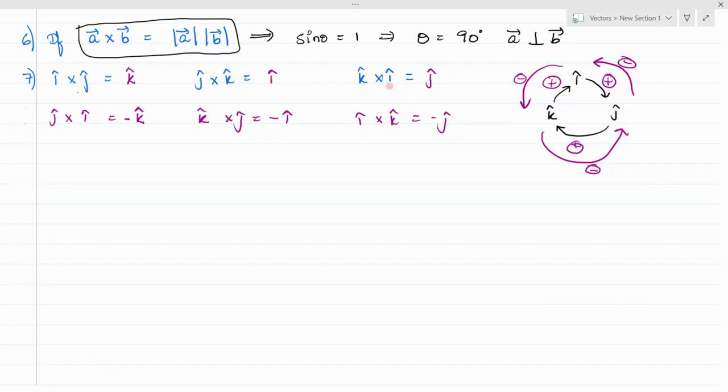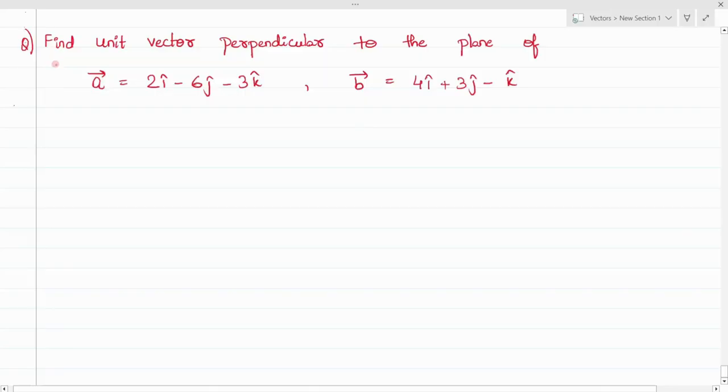In this question, we need to find a unit vector perpendicular to the plane which consists of A vector and B vector. So how to find the unit vector?